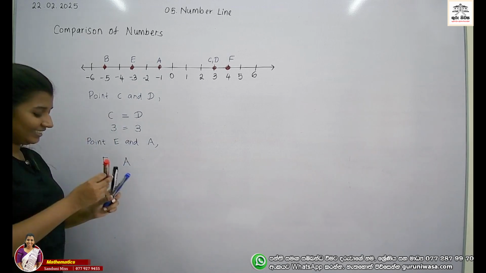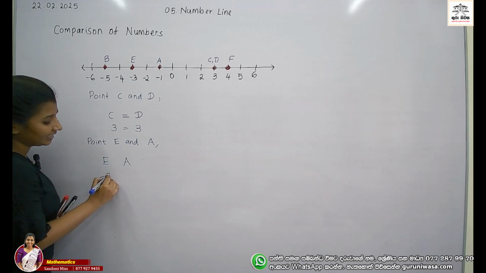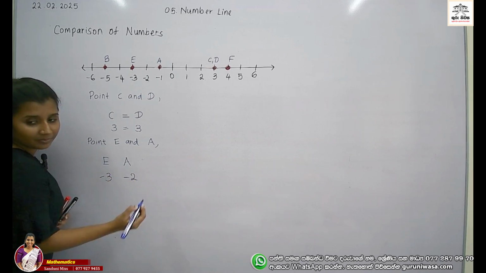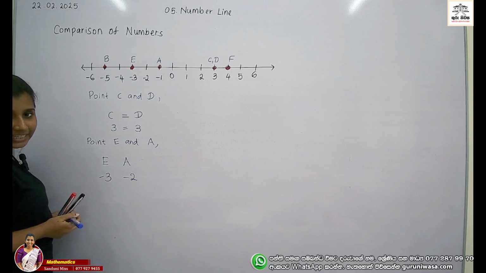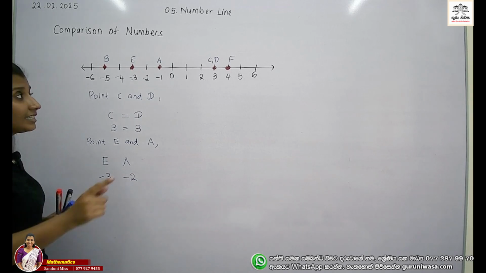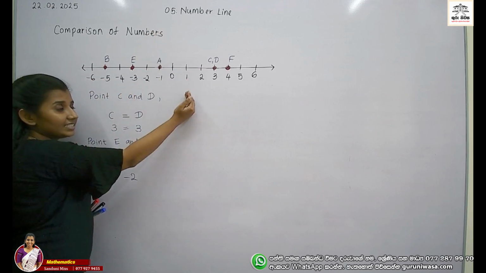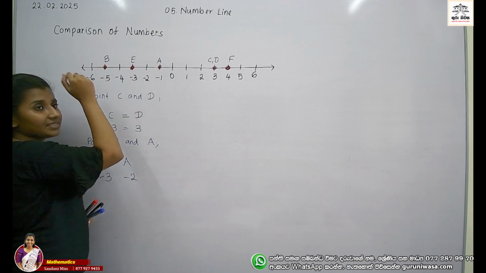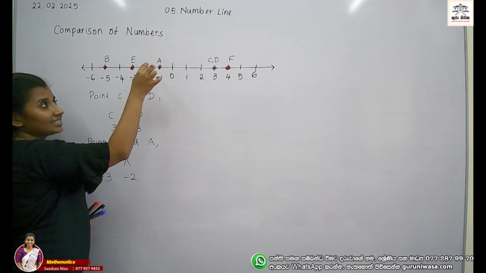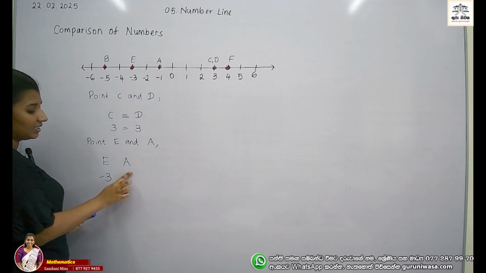Why? You have negative 3 and negative 2. By looking at the magnitude, you see that 3 is greater. But I told you what? Numbers are increasing in this order. Always the right side number is bigger than the left side number.